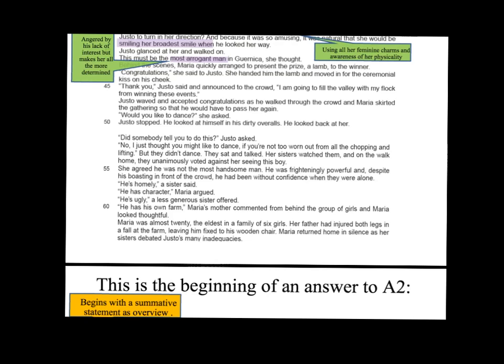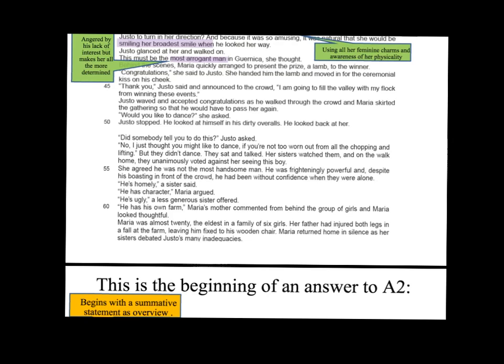But they didn't dance. They sat and talked. His sisters watched them. And on the walk home, they unanimously voted against her seeing this boy. She agreed he was not the most handsome man. He was frighteningly powerful, and despite his boasting in front of the crowd, he had been without confidence when they were alone. "He's homely," his sister said. "He has character," Maria argued.